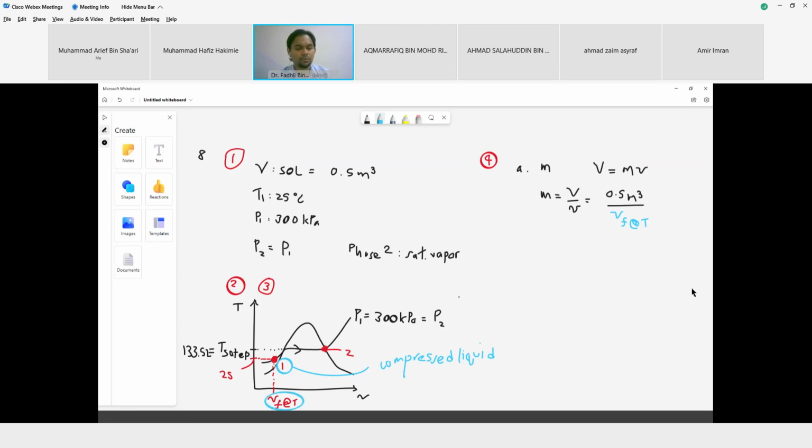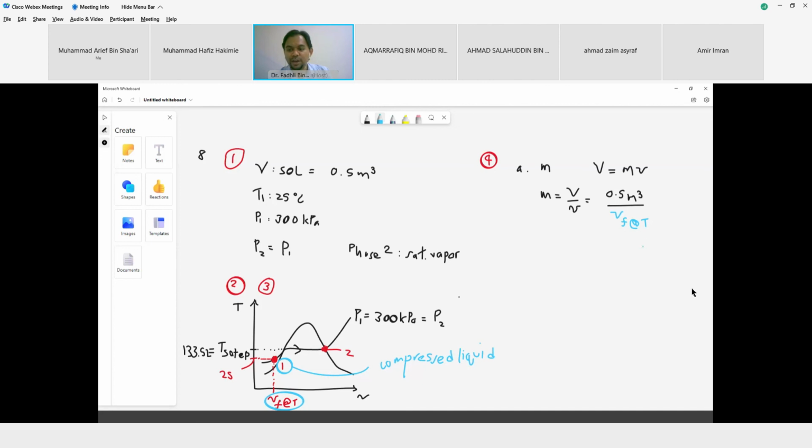Nombor 1 ni, initial state dia adalah compressed liquid. So uf at the given T, hf at the given T, sf at the given T, dan juga vf at the given T.